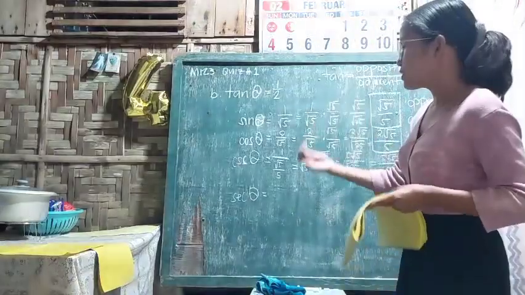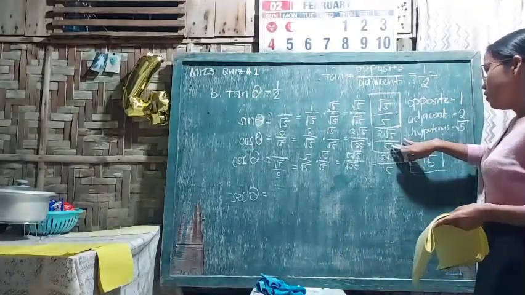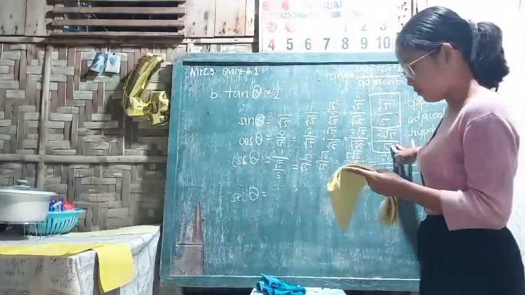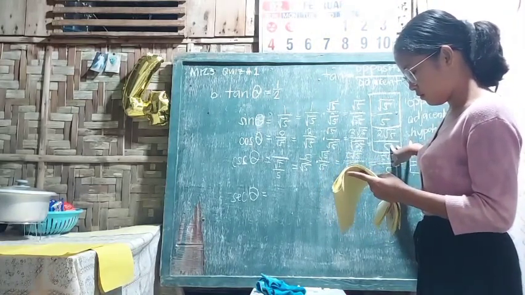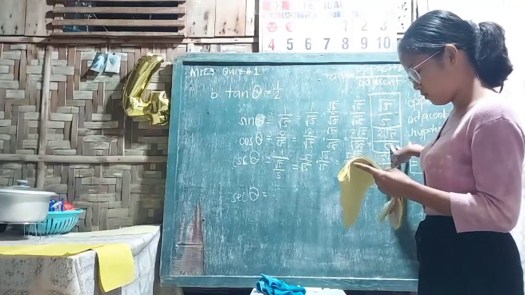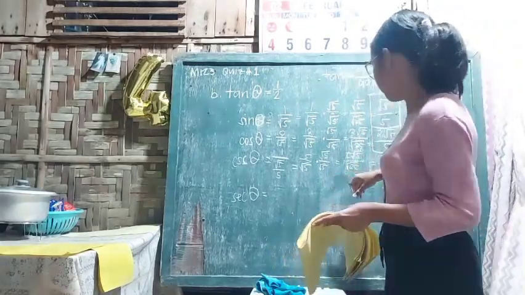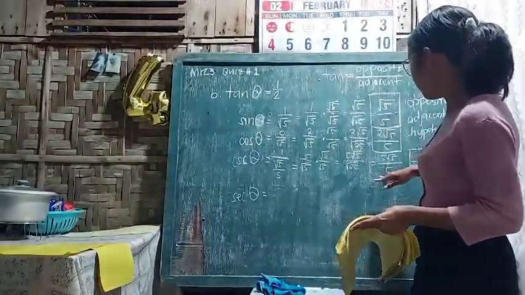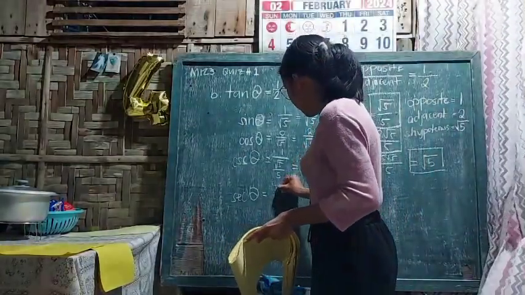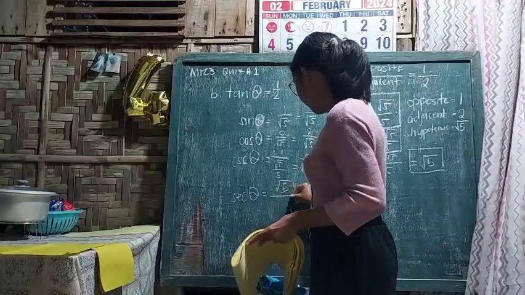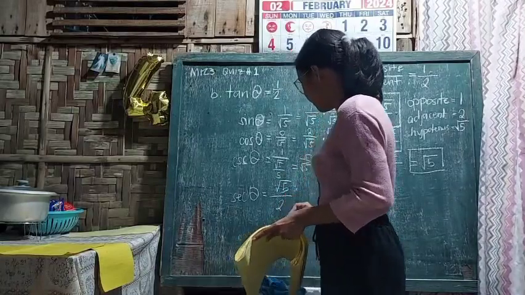Now our secant is the reciprocal of our cosine. So we have our cosine here, 2 square root of 5 over 5. So now we can have square root of 5 over 2.